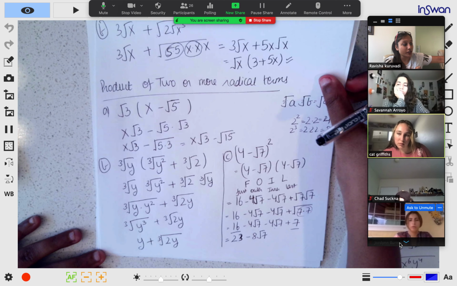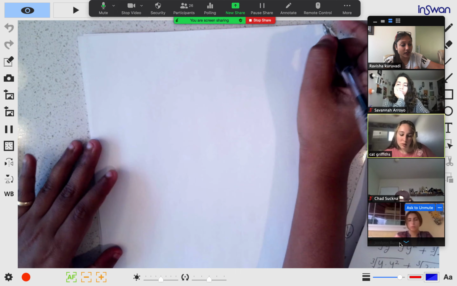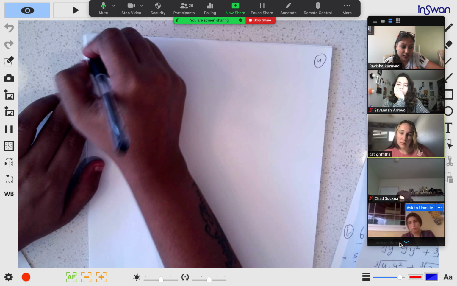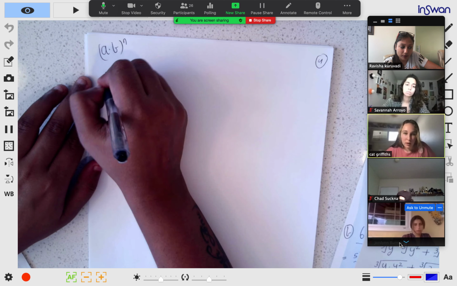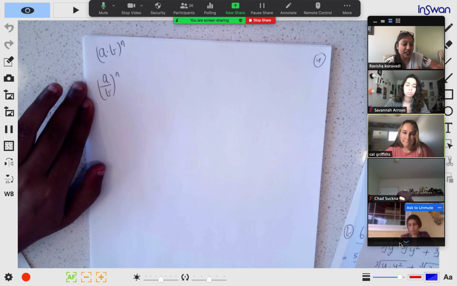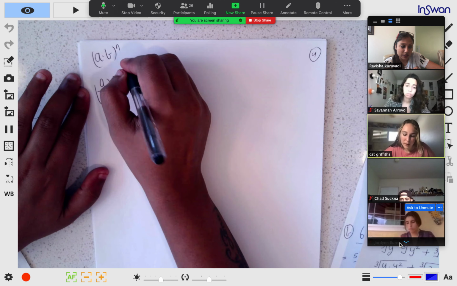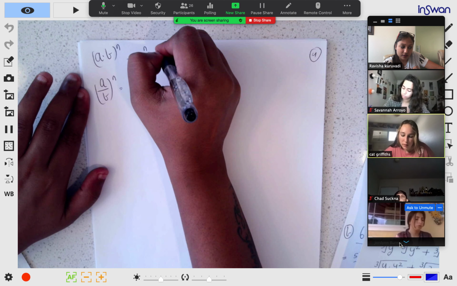That's a very good question too. It's a very common mistake everyone makes. When you have a times b to the power of n, or a over b to the power of n, multiplication and division, you can just distribute the exponent. It becomes a to the power of n times b to the power of n, or a to the power of n over b to the power of n.